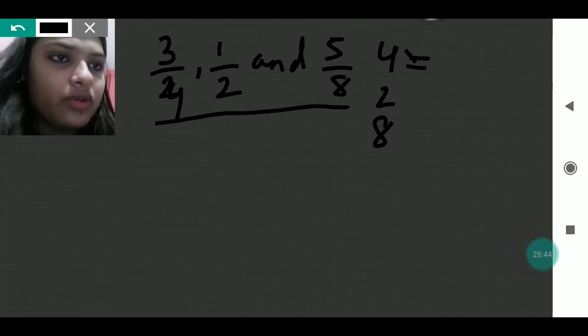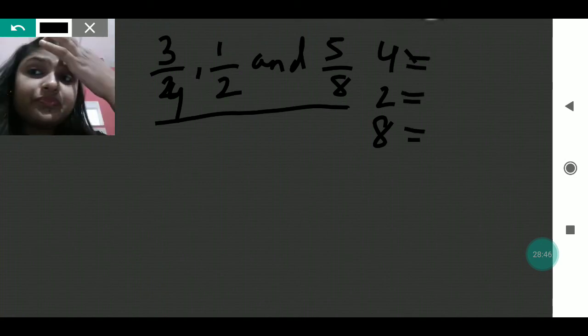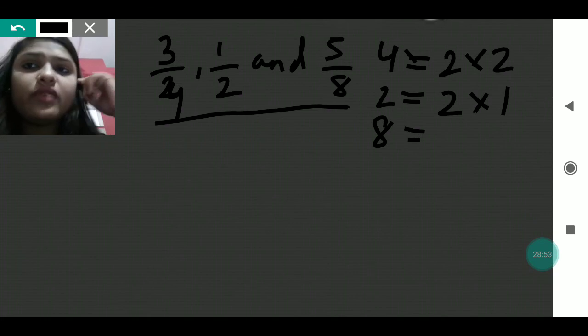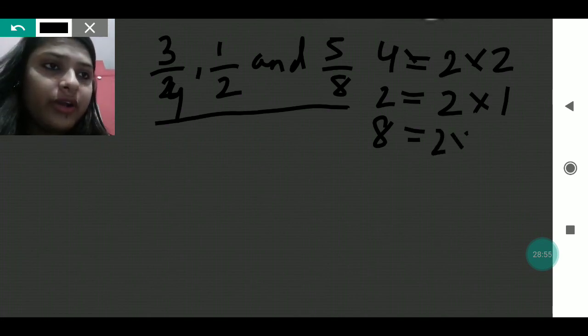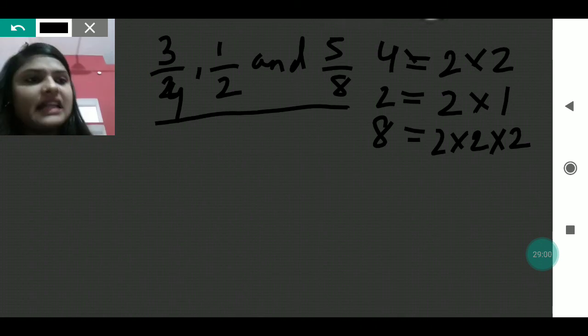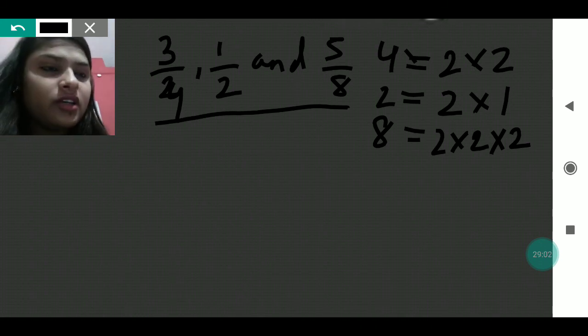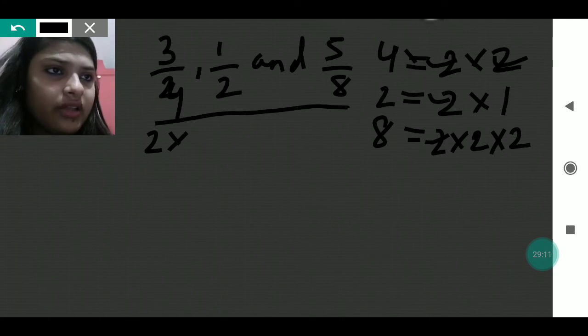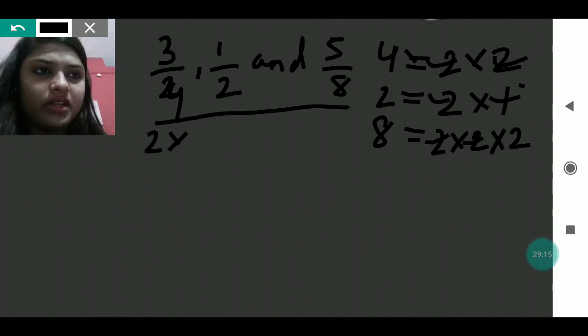So when you do it, just see what you get. The LCM of 4 is 2 into 2, of 2 it is 2 into 1, and of 8 it is 2 into 2 into 2. So you have to take the common factors here. One time 2 is common, but the rest are not common.